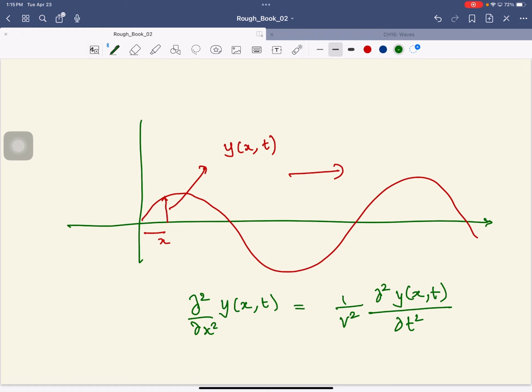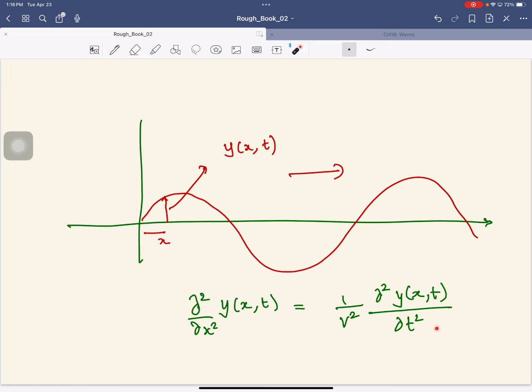All right, let's look at this. We'll notice a couple of things. What is the unit for y? That was a displacement, so let's say meters. Divided by x squared. X was meters, so meters divided by meters squared, so 1 over meter.